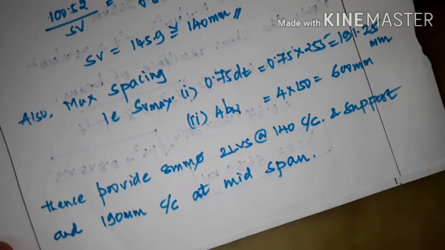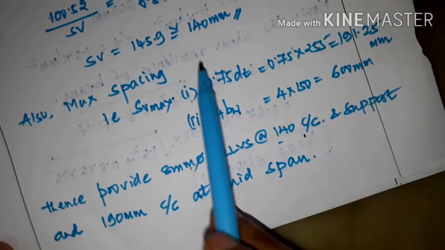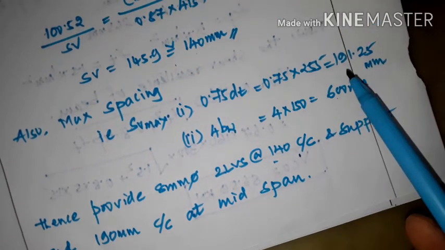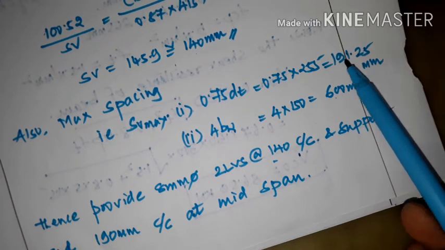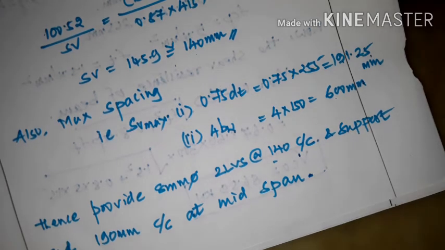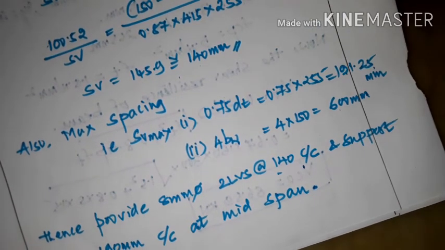So what you can do, 8 mm dia, whatever is required, 140 mm center to center according to the calculation you provide at the support, and at mid span you can provide the least of these two. So that is 191, which is rounded to 190. So that is 190 mm center to center at mid span. Okay. So this is the last step. We have completed the solution.